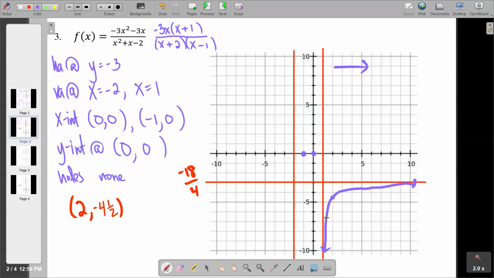Let's tackle the other easy one, the left-hand side. We probably already think we know where it's going to be, but let's verify. What's the closest number to the left of the left-most asymptote? -3.